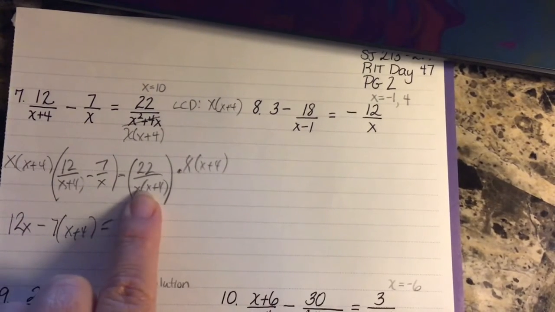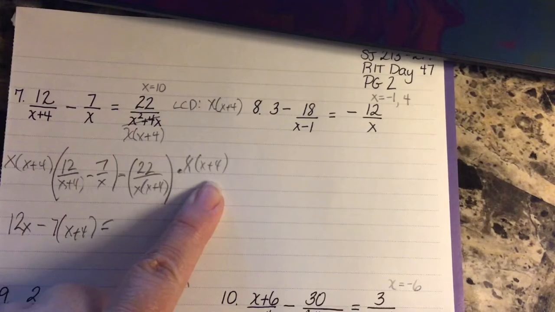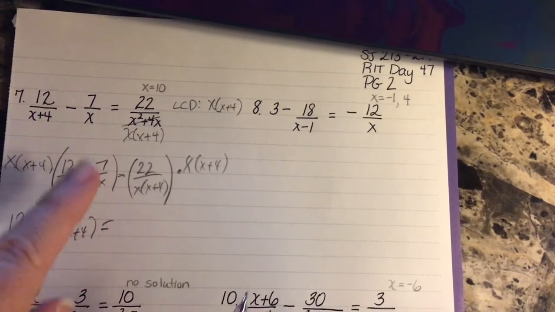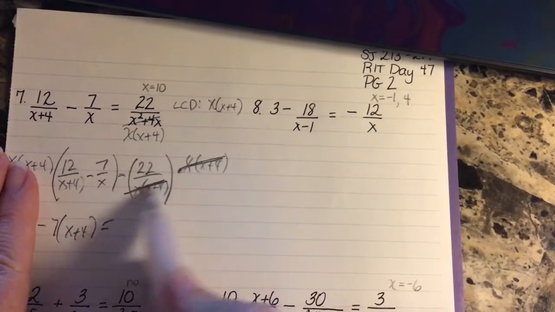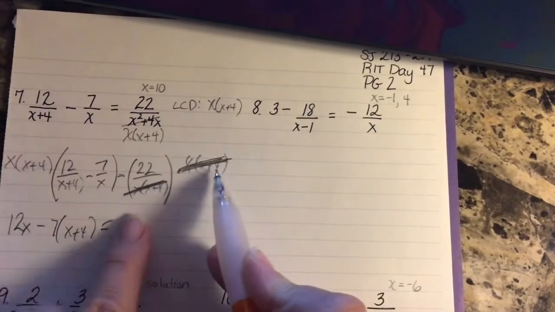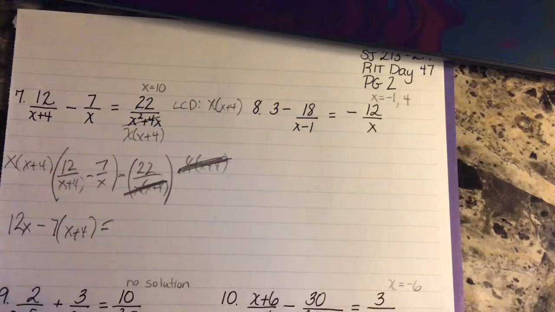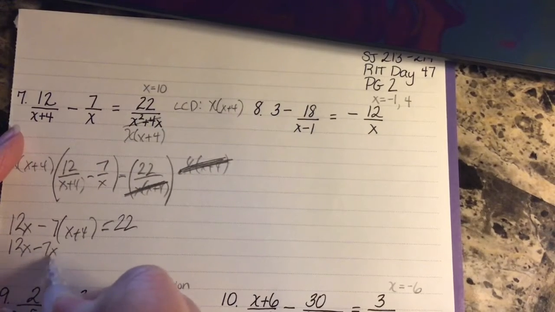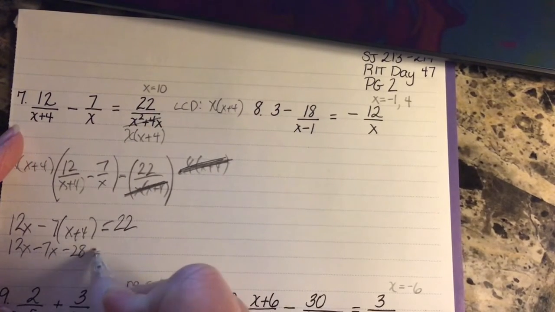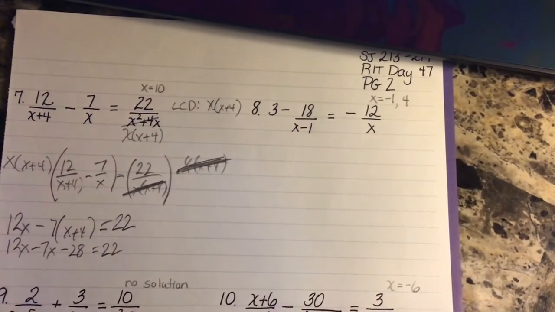Now look at this fraction and multiply it by the least common denominator. Can I reduce anything away? Yes, they are exactly the same. This denominator and this least common denominator is the same, so I can reduce that away and I get 22. Now let's distribute. 12x minus 7x minus 28 equals 22.